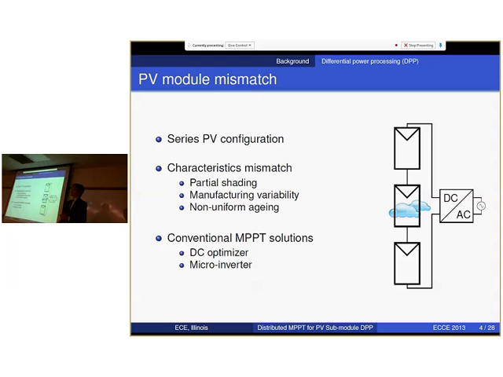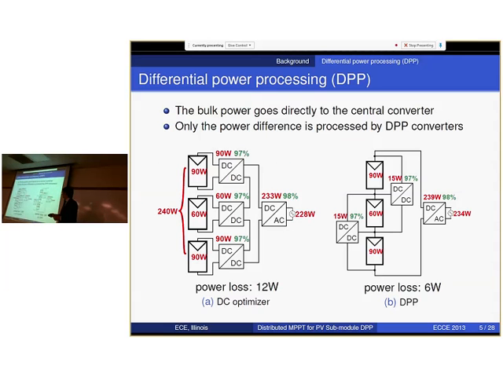Nowadays, the two most dominant solutions are DC optimizers and microinverters. Microinverters are not very comparable to the topic of differential power processing today, so I'm not going to use that as an example. Instead, I'm going to use a DC optimizer system as an example, which is shown here.